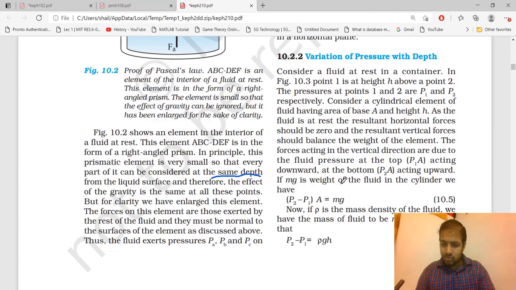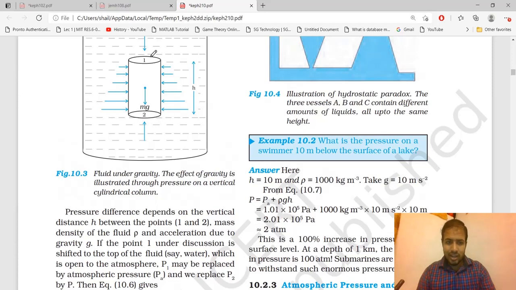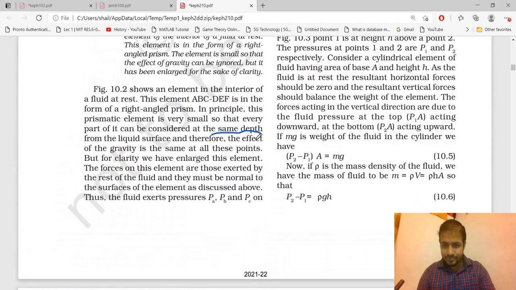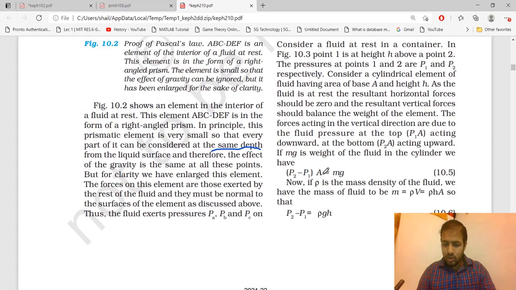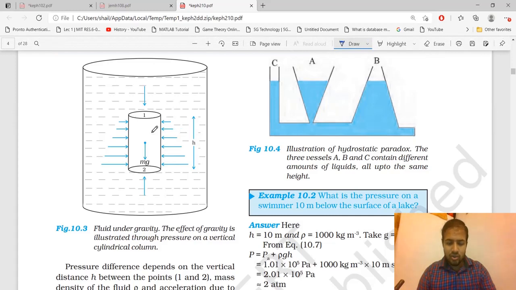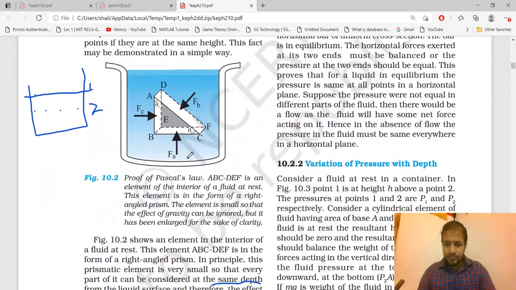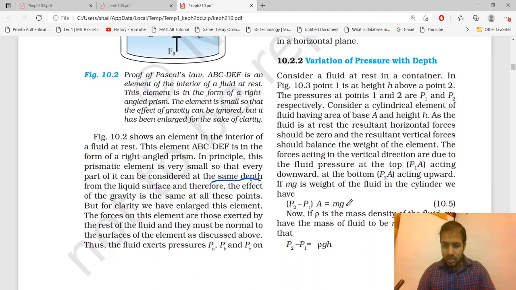If mg is the weight of the fluid in the cylinder, we have (P2 minus P1) A equal to mg. Here P2 is larger, because at the bottom the pressure will be more and at the top it will be less. mg is the weight of this cylindrical element, and the left and right horizontal forces balance each other out. Only these vertical forces we take into consideration.